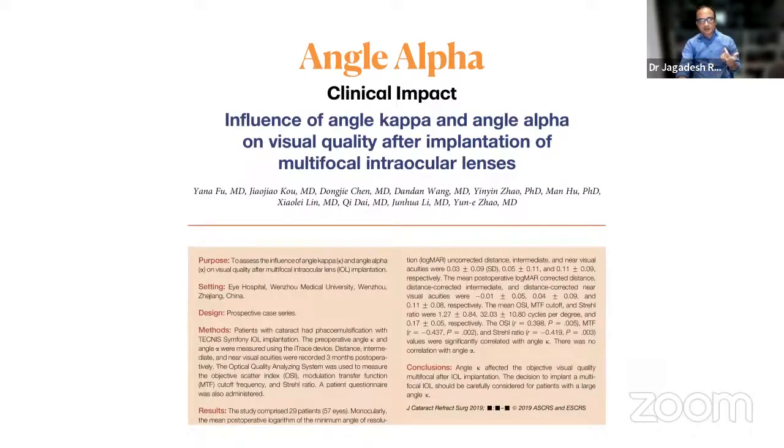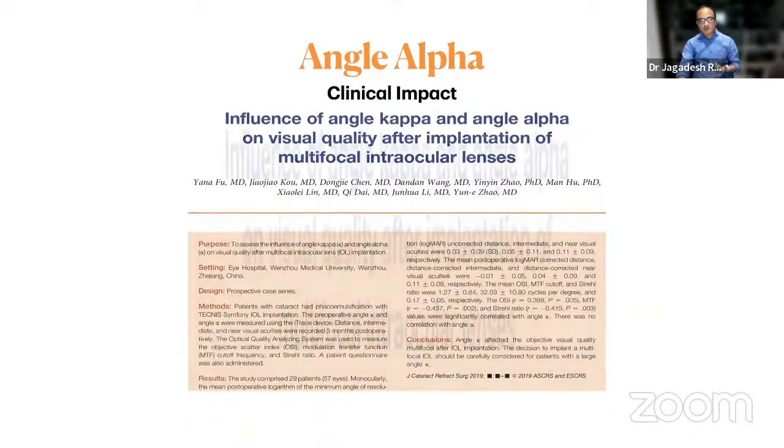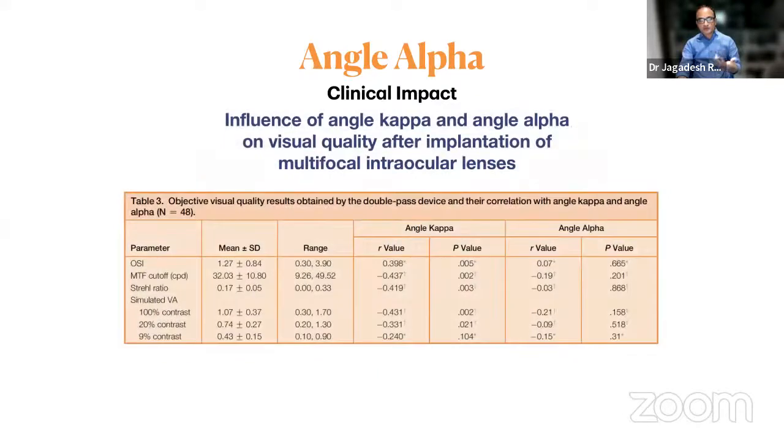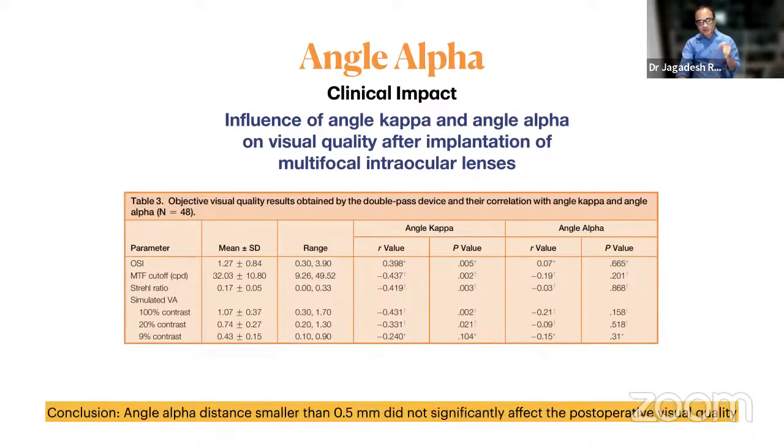And when you look at the outcomes of this, angle alpha is less affected compared to angle kappa in these individuals. So I think the effect on the quality of vision is less if you have angle alpha of 0.5 mm or less.